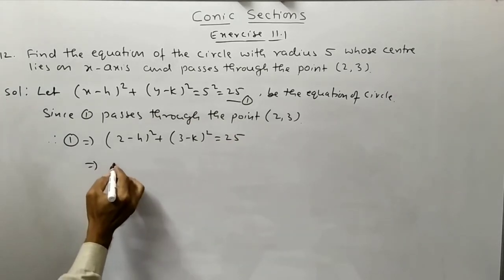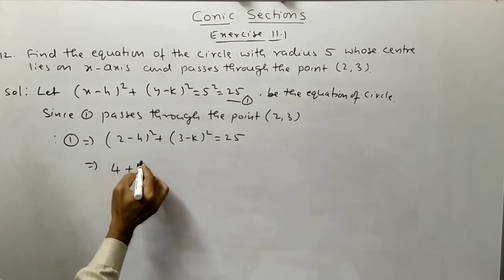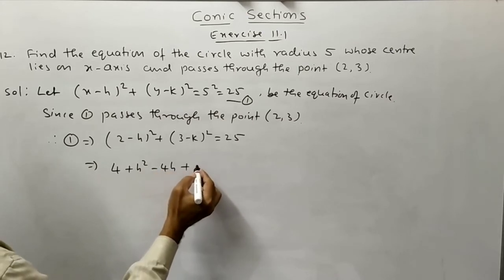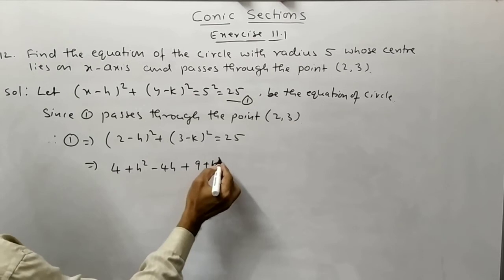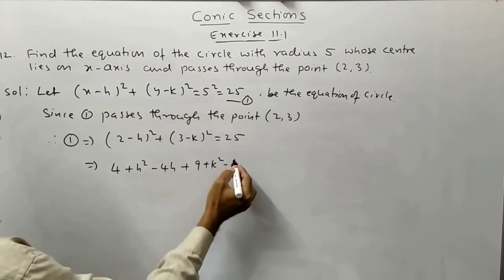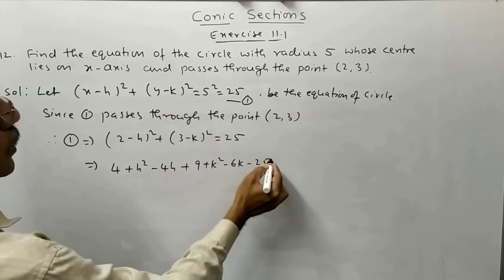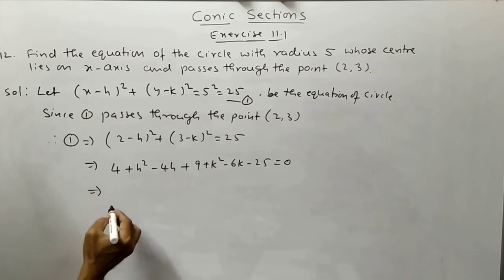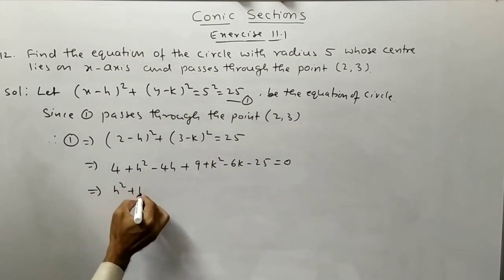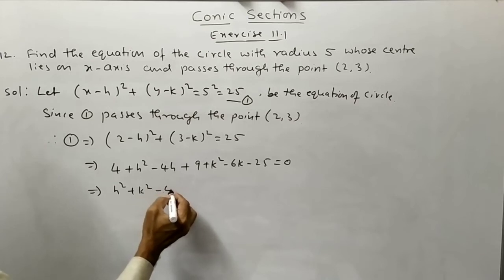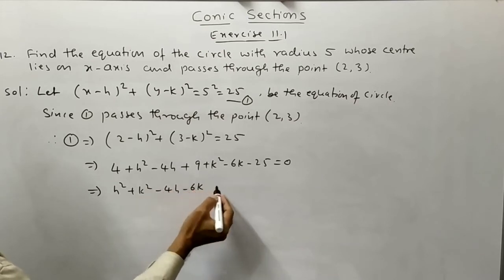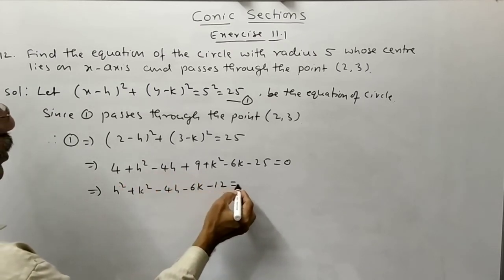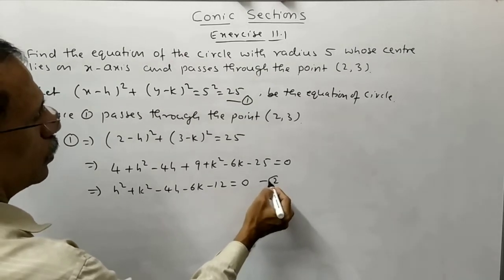This implies 4 + h² - 4h + 9 + k² - 6k - 25 = 0. This implies h² + k² - 4h - 6k - 25 + 13, that is -12, = 0. Say number 2.